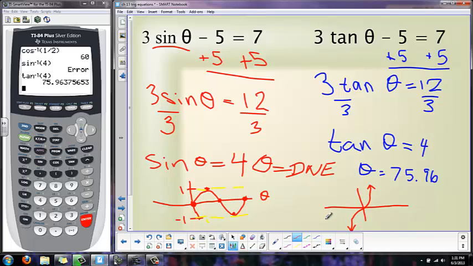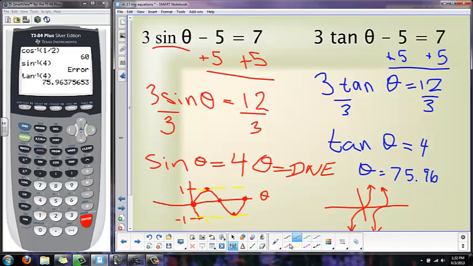So tangent doesn't have limits that it's bound by. Over here, sine can't go outside of this area, but tangent goes on and on forever for both the x-axis and the y-axis. So that's why this works and that one doesn't. So we actually got an answer when we were looking at tangent, and we didn't get an answer when we were looking at sine. We would not have gotten an answer if we looked at cosine either.